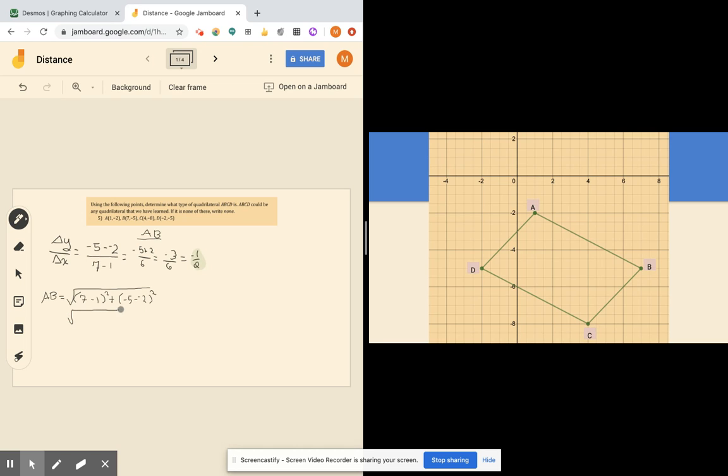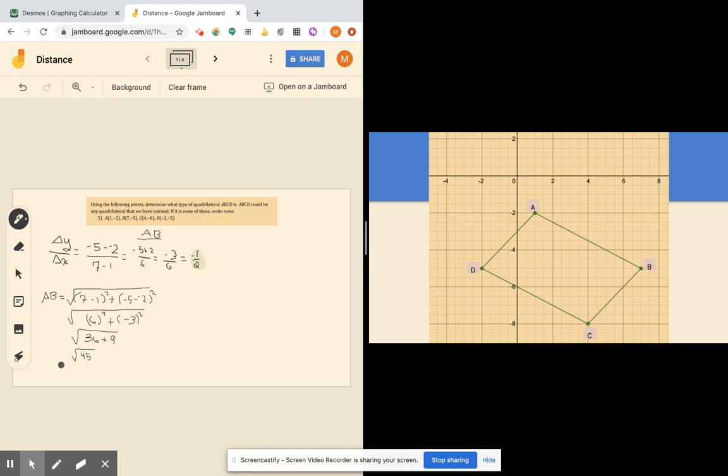So the square root of 6 squared plus -3 squared, which is the square root of 36 plus 9, the square root of 45.